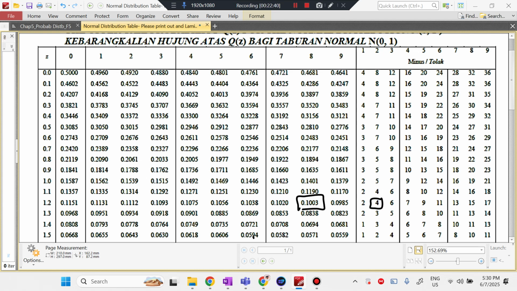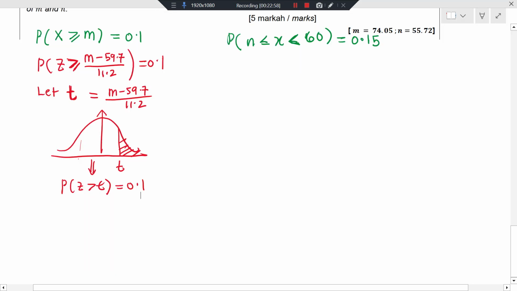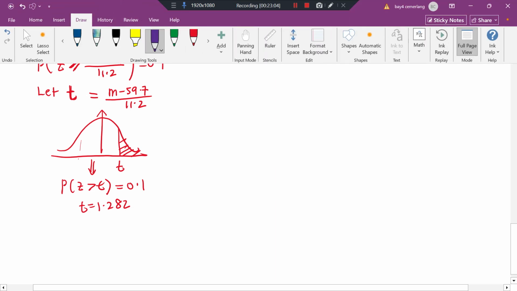I normally take the bigger one a little bit. So what is your Z? It is 1.282. So t is 1.282.